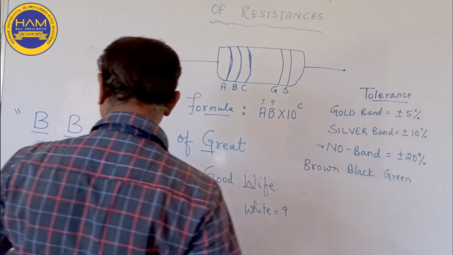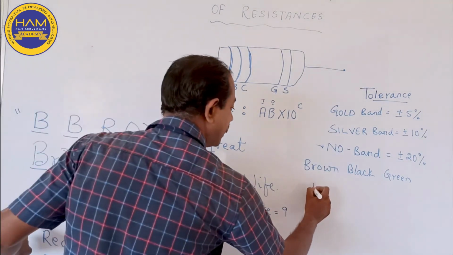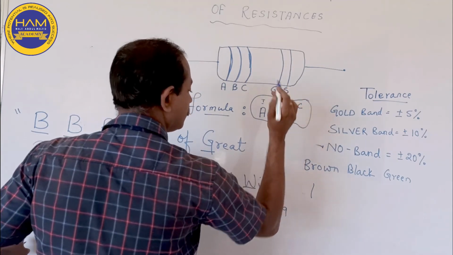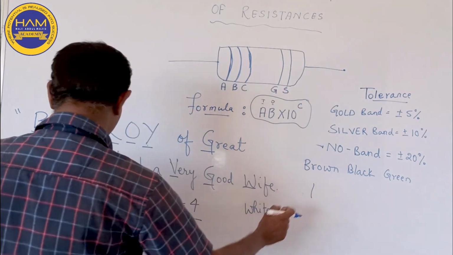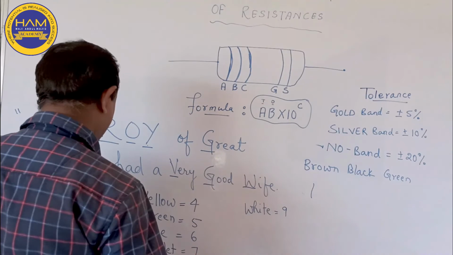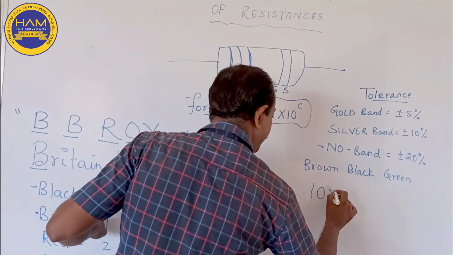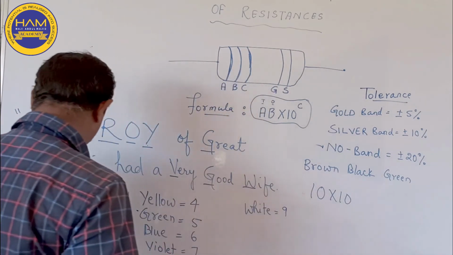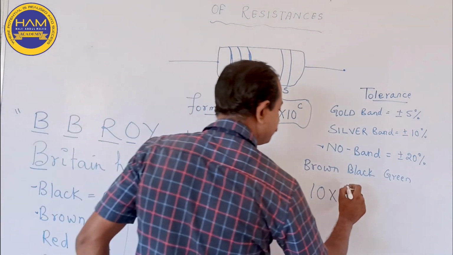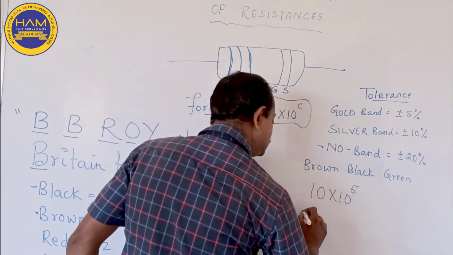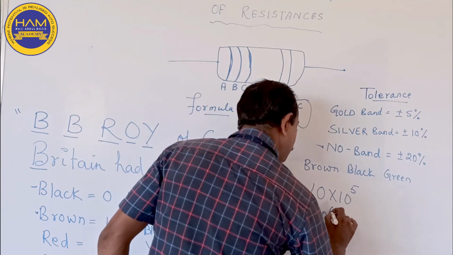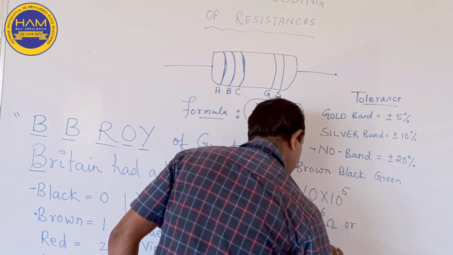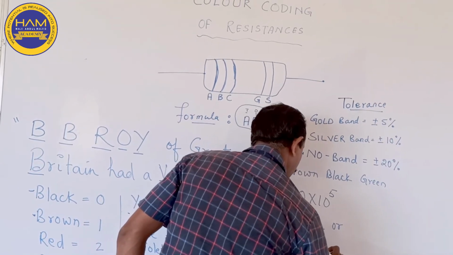Brown. What is the color code for brown? It is 1. So A is 1. Then we have black. Black is 0, into 10 to the power. What do we have? Green. Green is 5. So this is coming out to be 10 to the power 6 ohm, or 1 mega ohm.